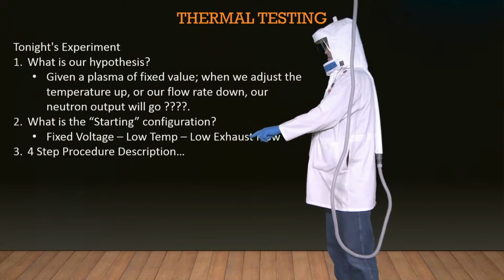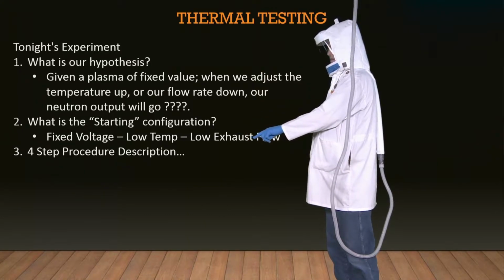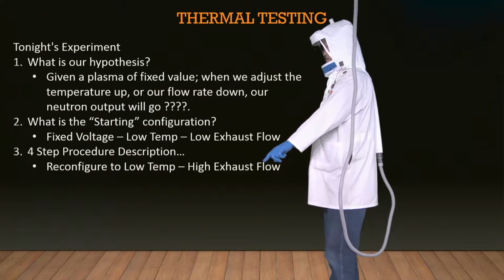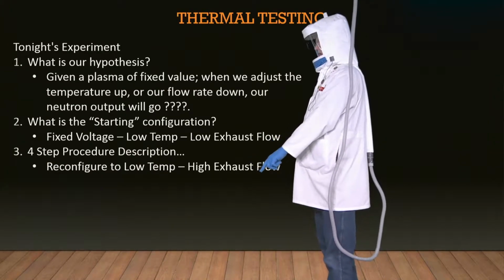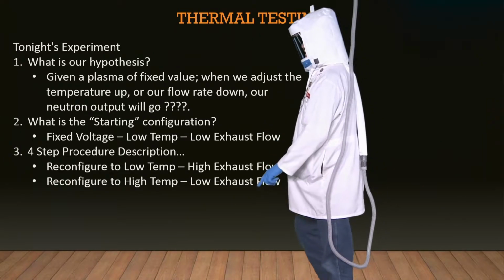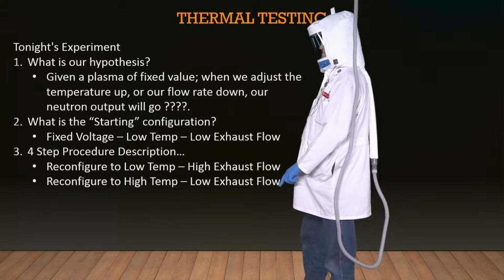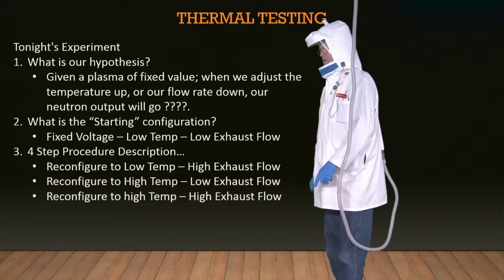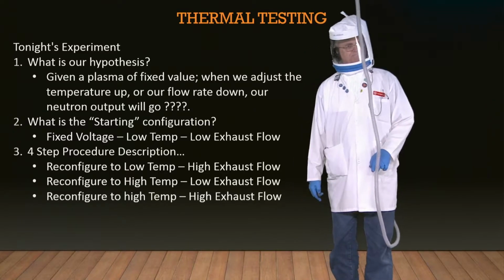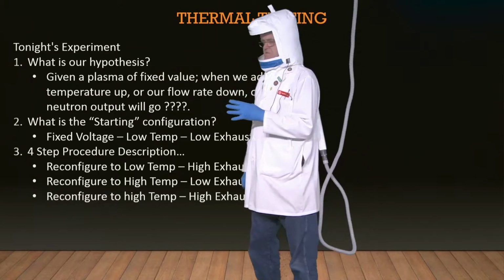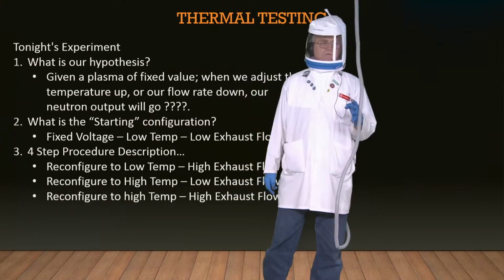We're going to take a reading here, and the next step is we're going to reconfigure and look at low temp, high exhaust. And then we're going to reconfigure and do high temp, low exhaust. And then we're going to reconfigure and do high temp, high exhaust. So 4 different configurations.